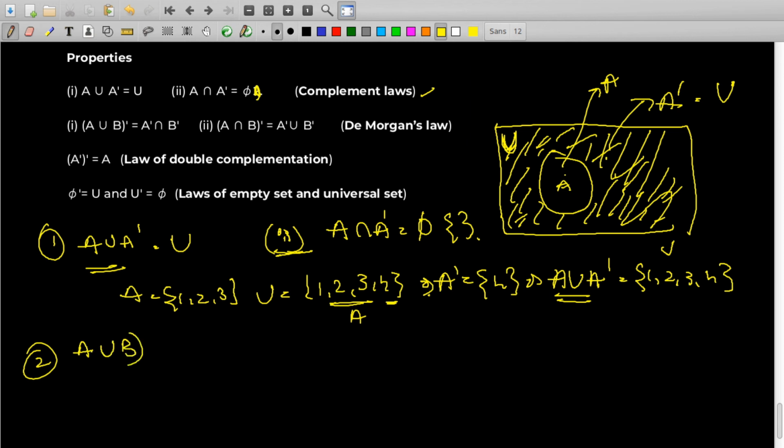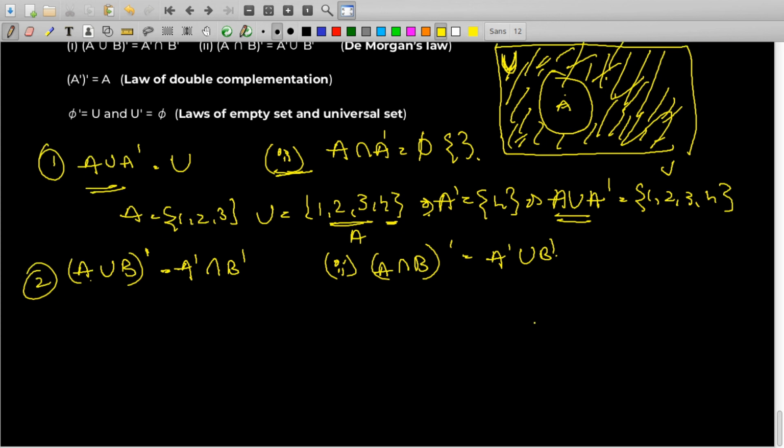A union B complement is equal to A complement intersection B complement, and A intersection B complement will be equal to A complement union B complement. Let's try to understand this with a Venn diagram actually.